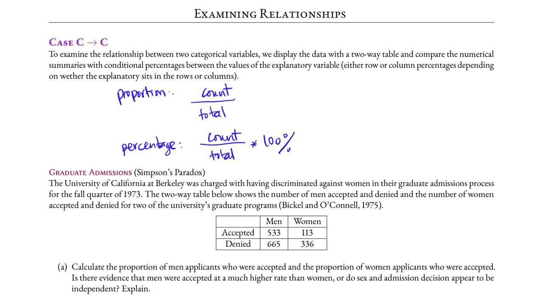In completing the two-way table, the first step is always to compute the total of each row and column. In this case, we want to know the total male applications. If we add the two numbers 533 and 665, we will get 1,198.